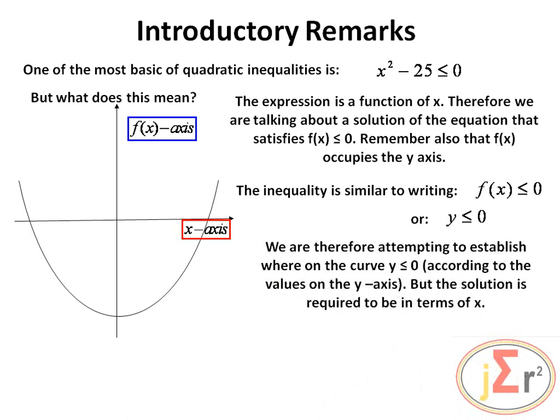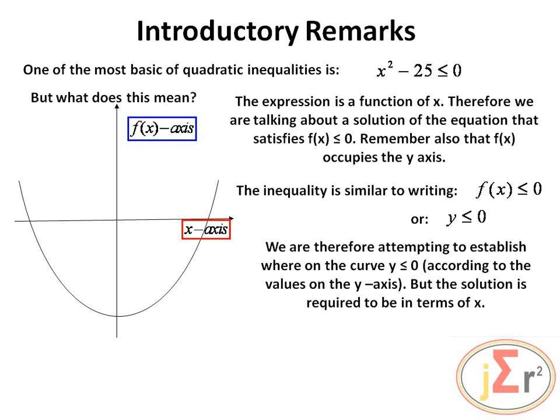We are therefore attempting to establish where on the curve y is less than or equal to 0, and that is of course according to the values on the y-axis. So we are trying to determine where the value of y is less than or equal to 0. But the solution is required to be in terms of x.